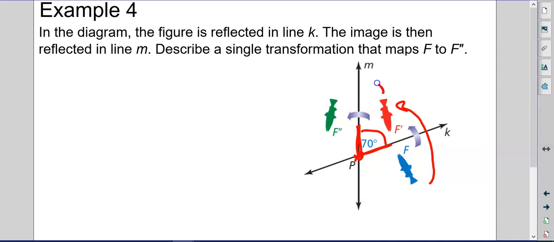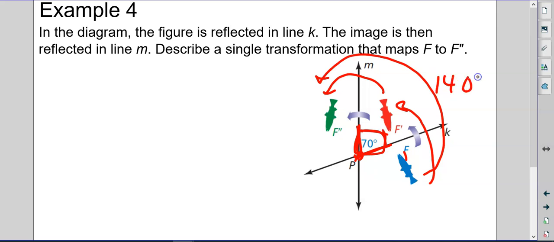Then this one reflects over M and gives you the green one. Well, we just learned that if we're doing the two reflections, from here to here will be twice this amount. So that will be 140 degrees rotation.